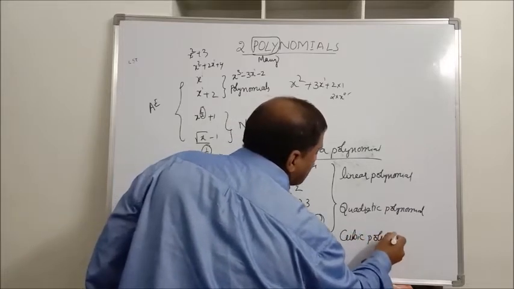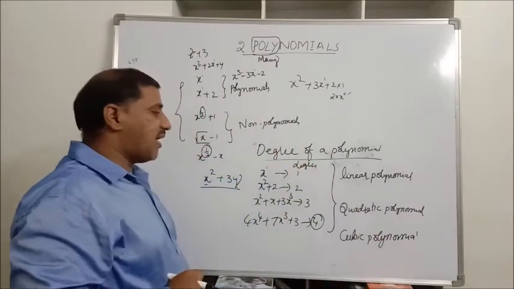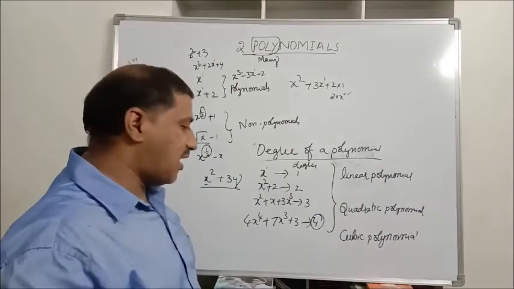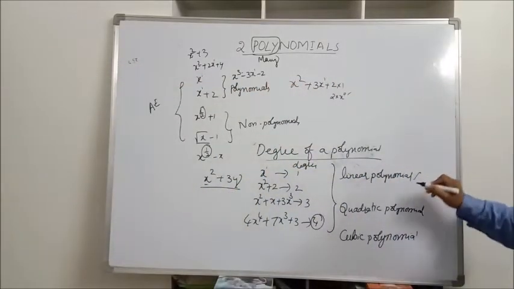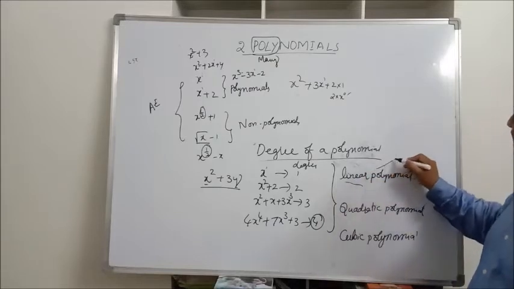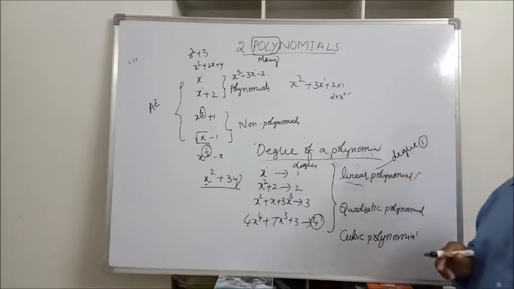Already you have come across their definitions and examples. A linear polynomial means a polynomial with degree 1. A polynomial with degree 1 is called a linear polynomial.